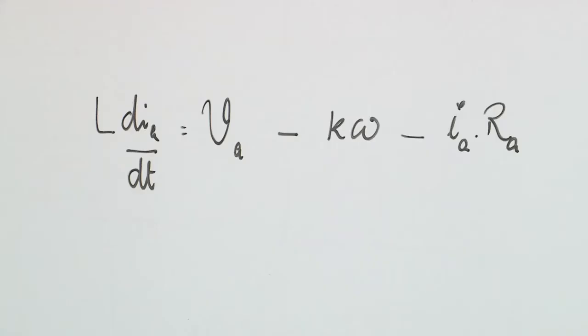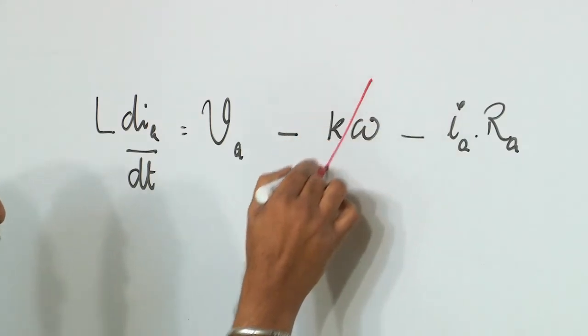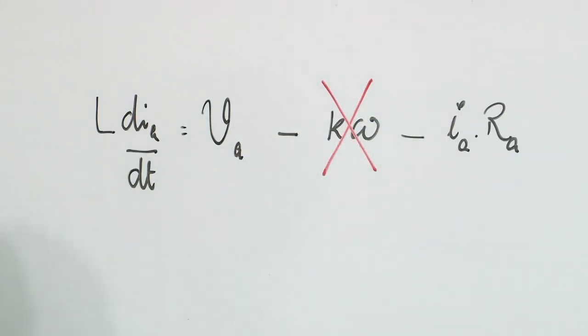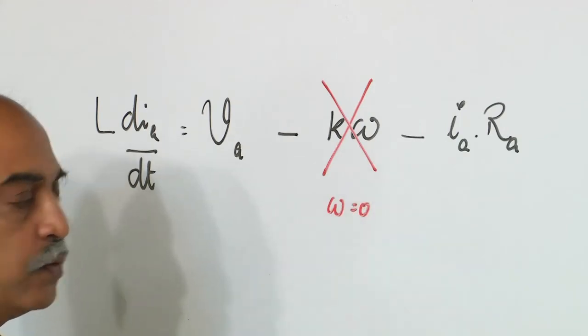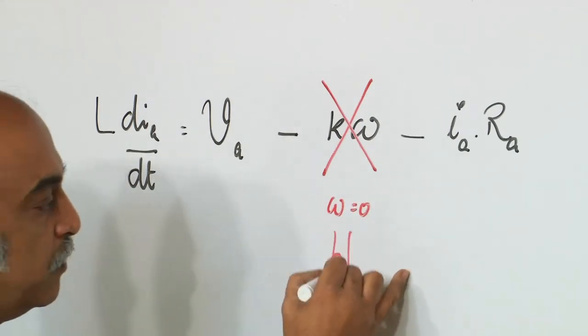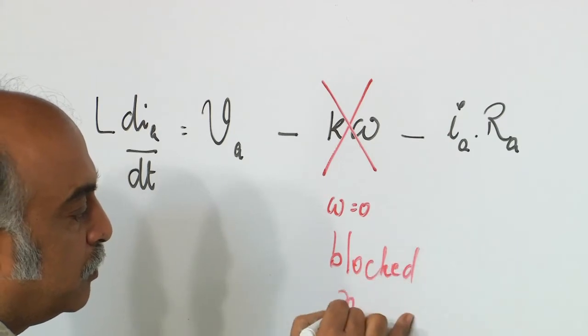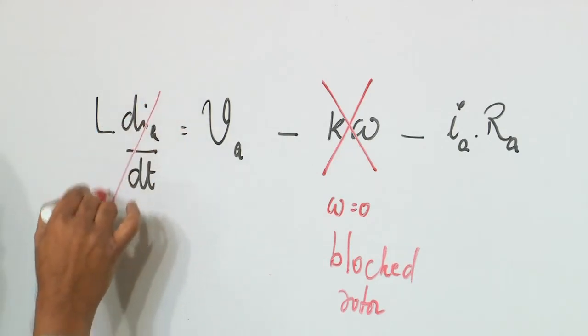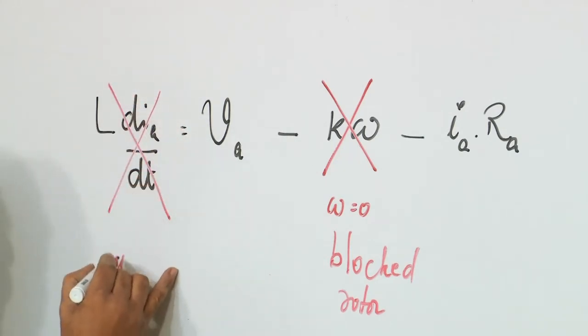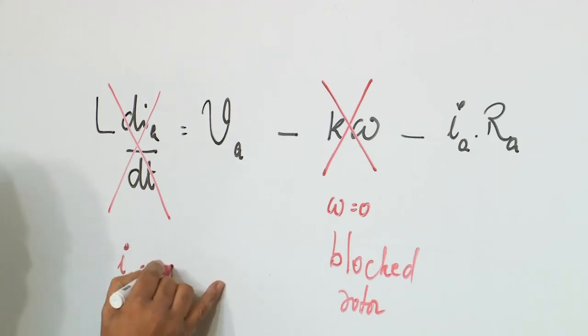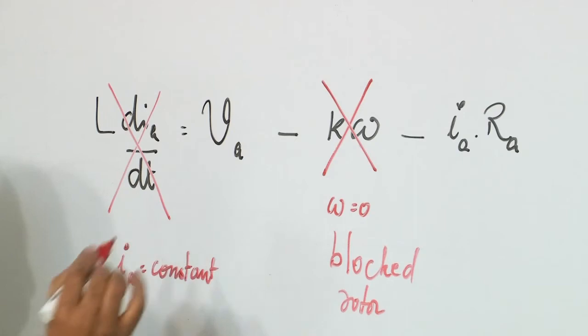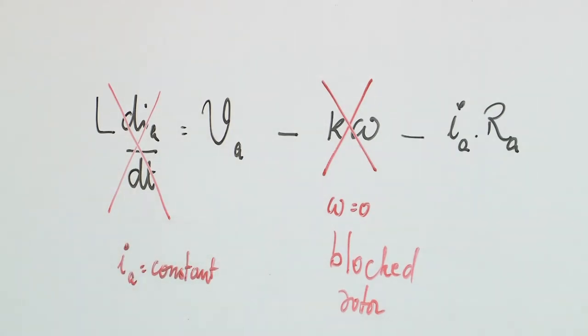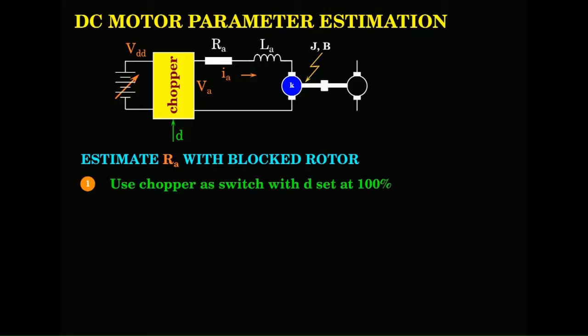I am trying to remove this out of the picture by making omega equal to 0, and therefore blocking the rotor. Let us also remove the inductive term out of the picture by making IA constant, so we take it at steady state. So, what you do when you use the chopper is use it as an on-off switch.